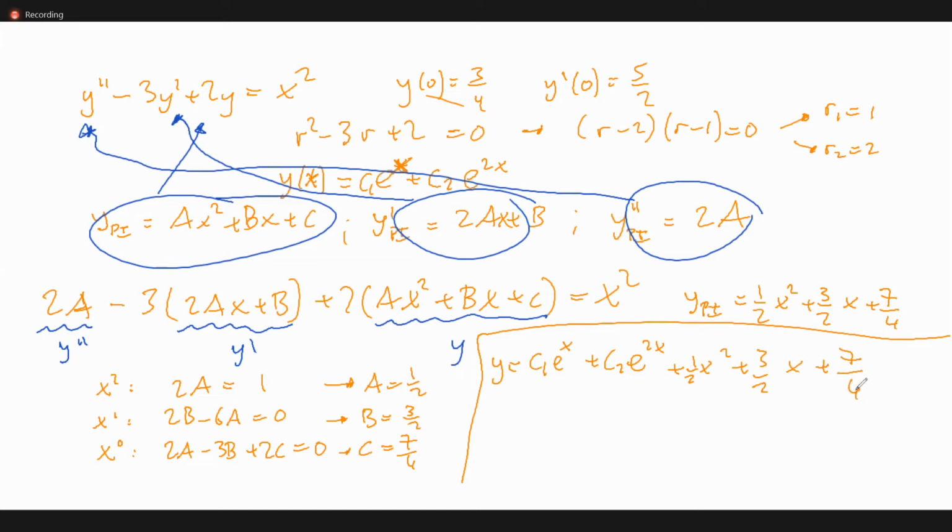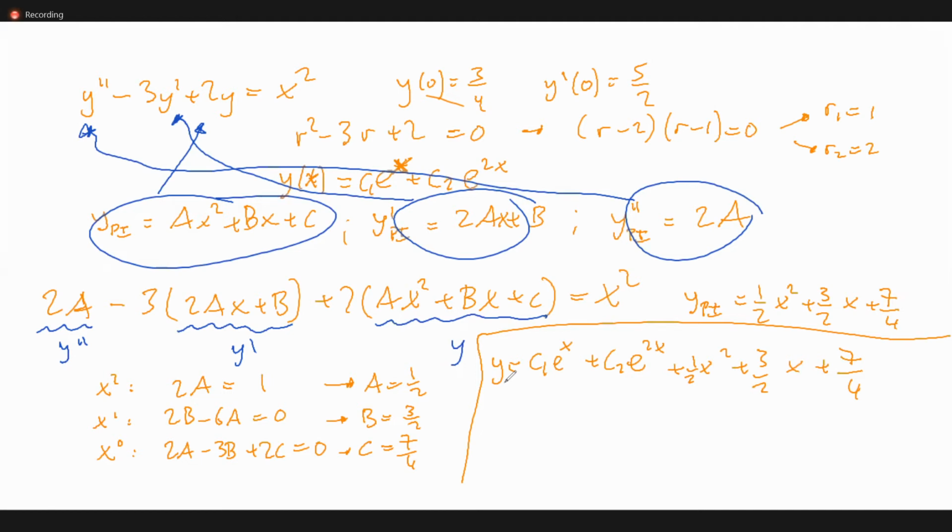Now we need to determine the values of the two integration constants, c1 and c2. To do this, we resort to the information that we have about the value of the solution y and y prime when x is equal to 0.